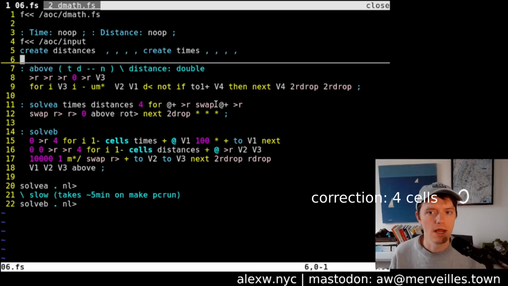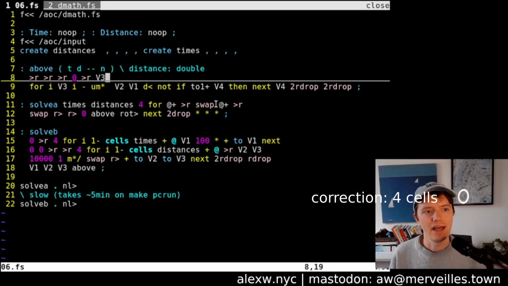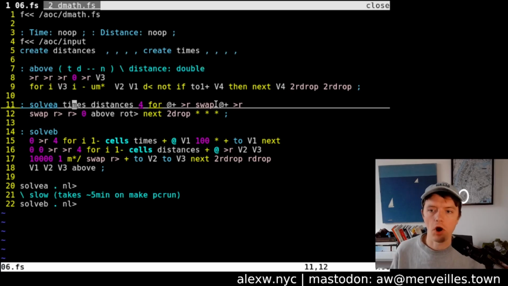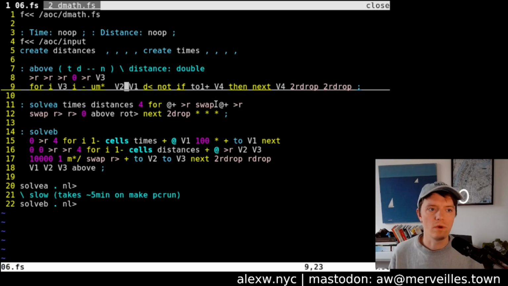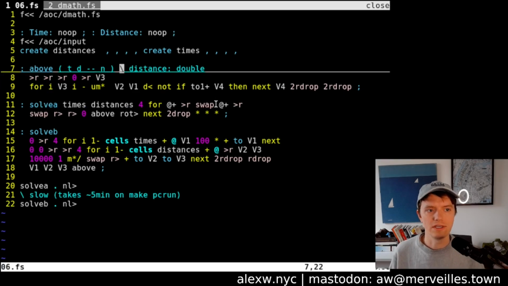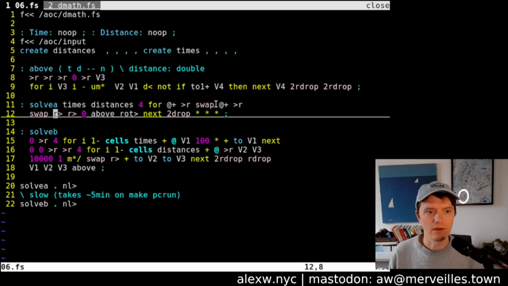Then for part A, we iterate from 1 to 4, select the times and the distances, and use the above function, which gives the number of values that are above the target distance. We multiply all those together and we get the answer for part A.